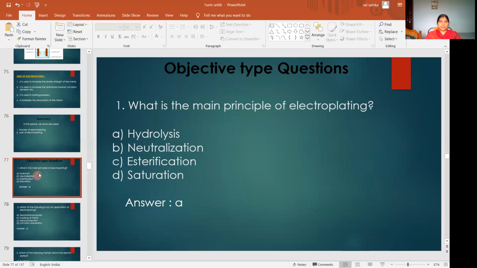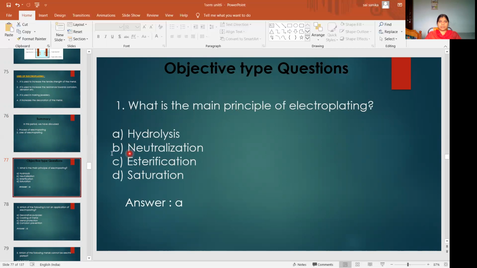Then come to objective type questions. What type of objective type questions may you expect from this topic? First question, a very simple and direct question: what is the main principle involved in electroplating? Some options are given.